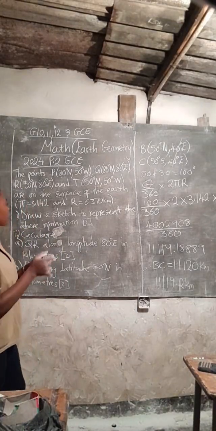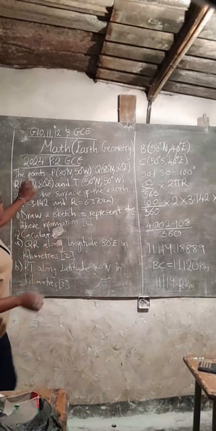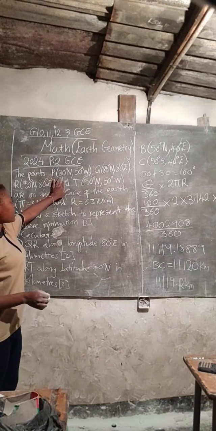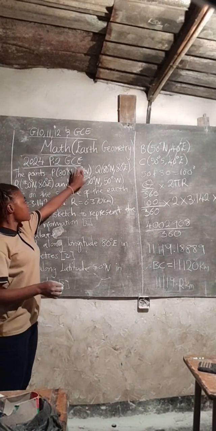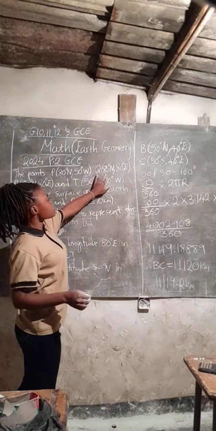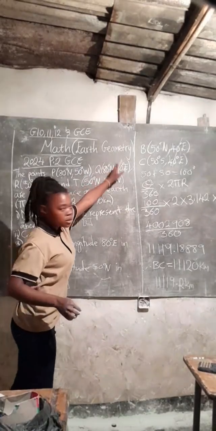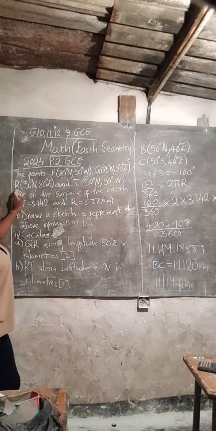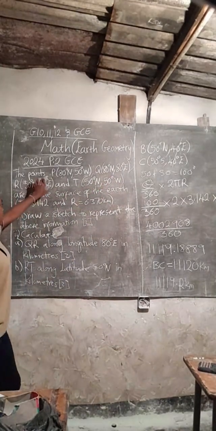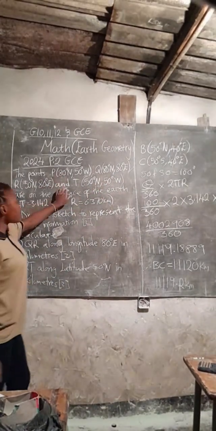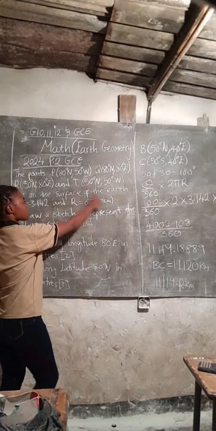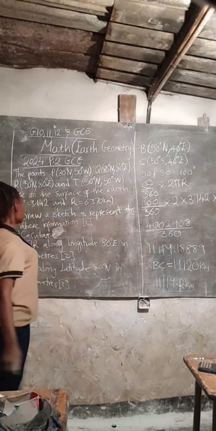Helen is done copying, thank you. So point P is at 80 degrees north, 50 degrees west, and Q is at 80 degrees north and 80 degrees west. Point R is at 50 degrees north and 80 degrees east, and point T is at 50 degrees north and 50 degrees west.